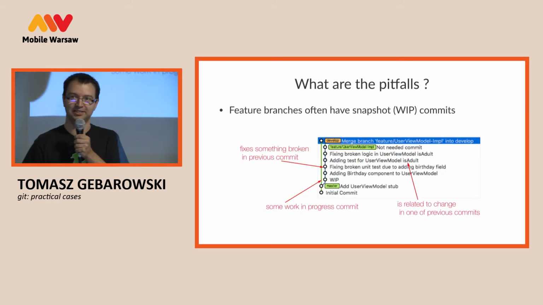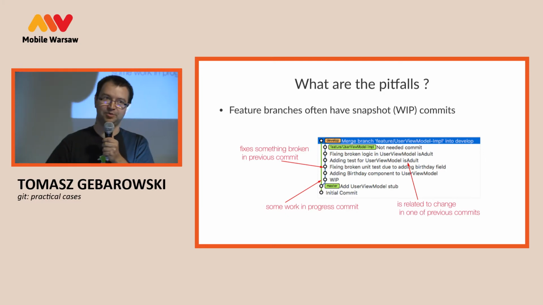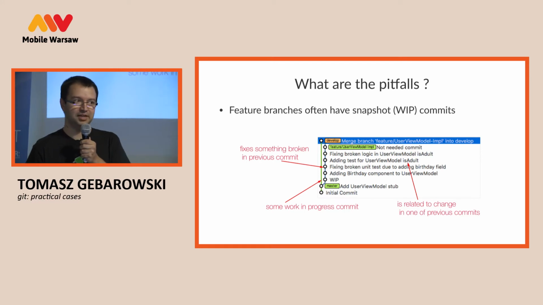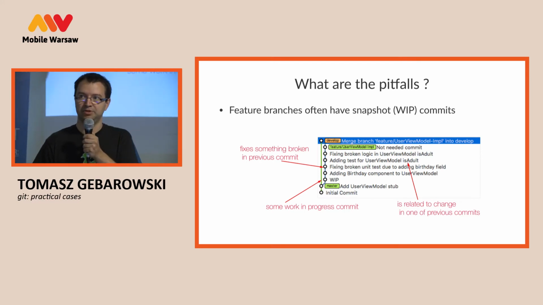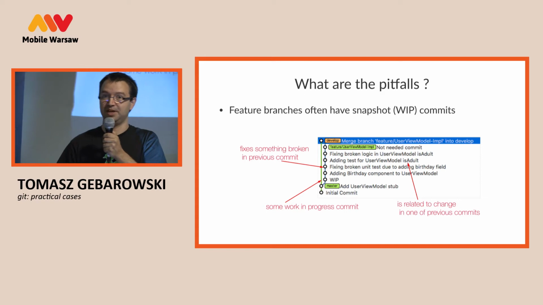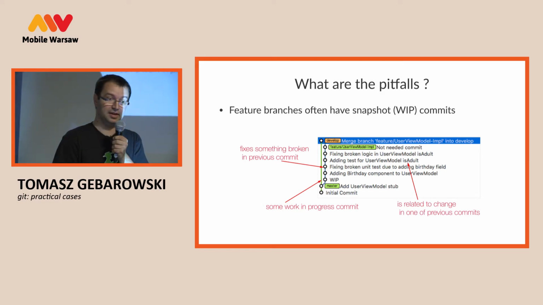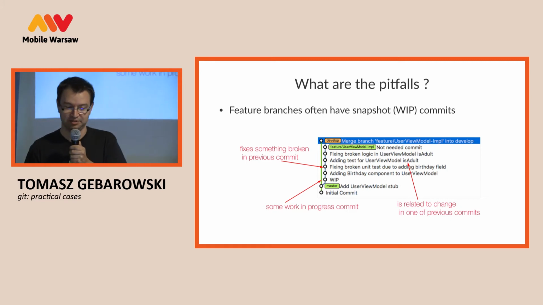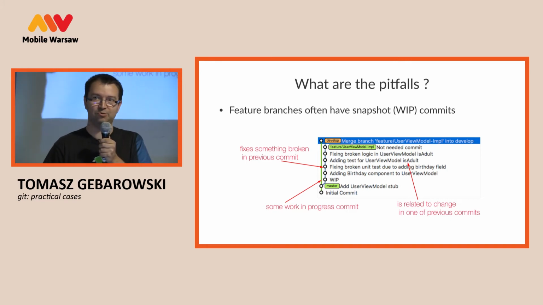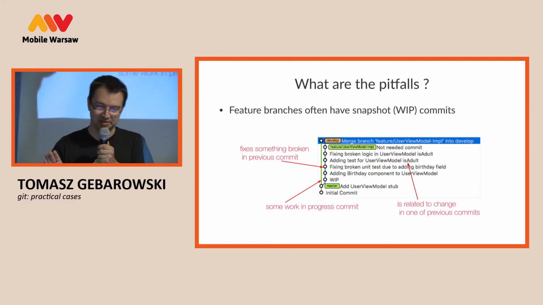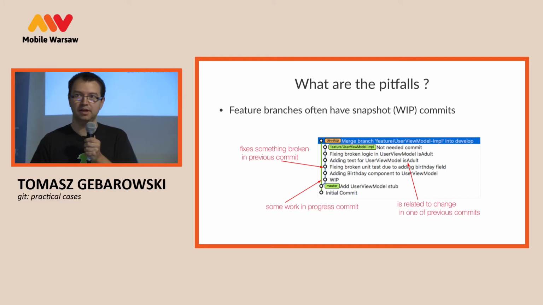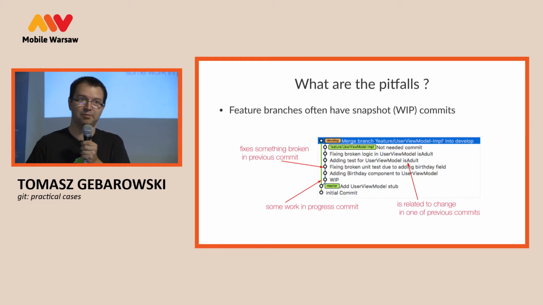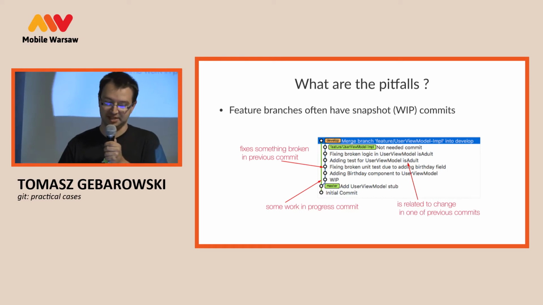They are treated like snapshot commits, just for backup, so developers push them just in case something happens to their computer. They treat them as backups, and later they forget to squash them, or they simply don't know how to squash them. There are different stories, but it's quite frequent that there are work in progress commits. Maybe they are not named directly work in progress, but when you check out that commit, it's definitely in some kind of work in progress state.